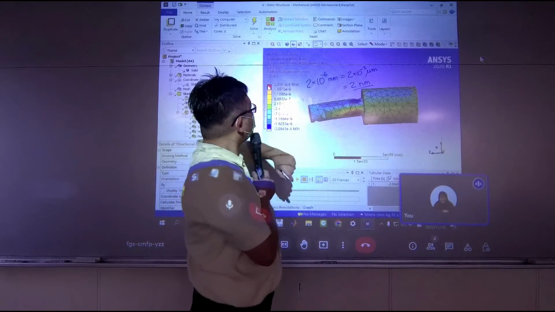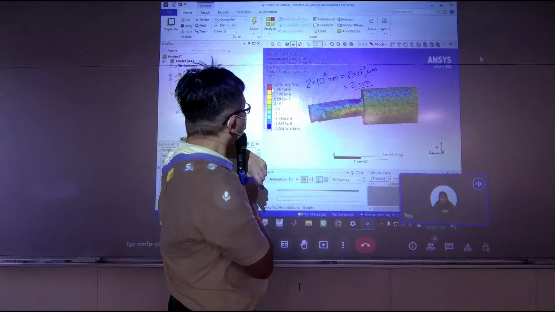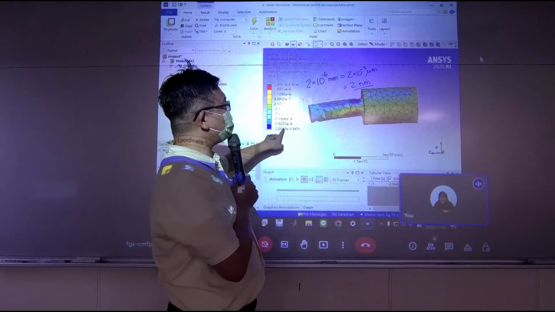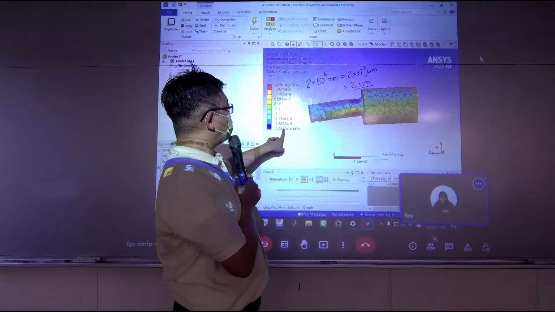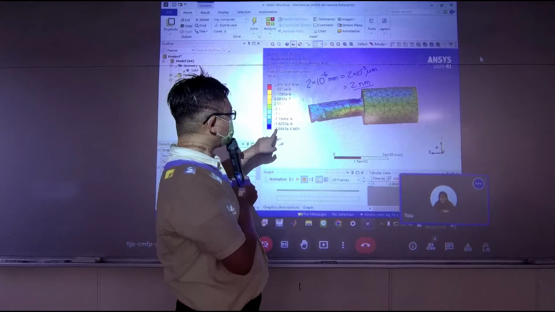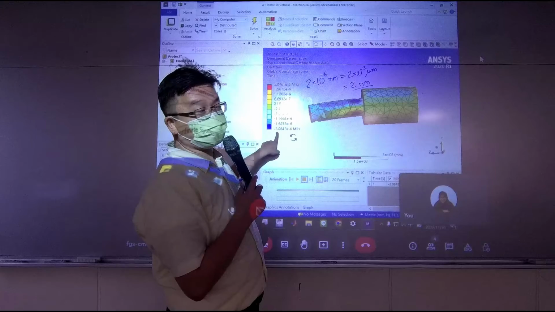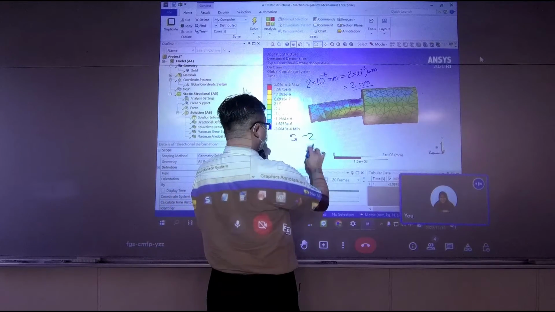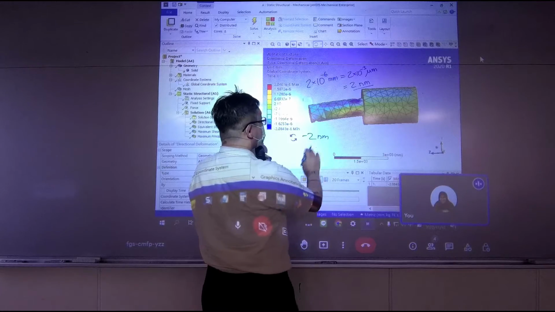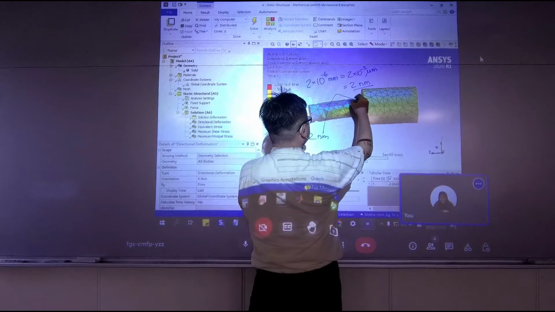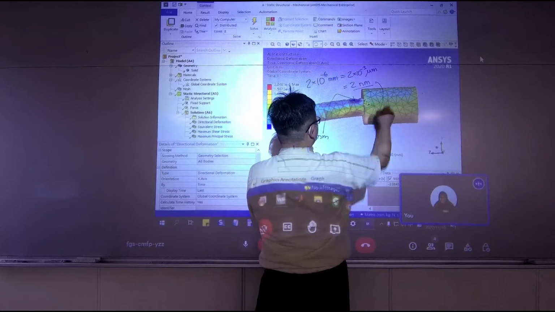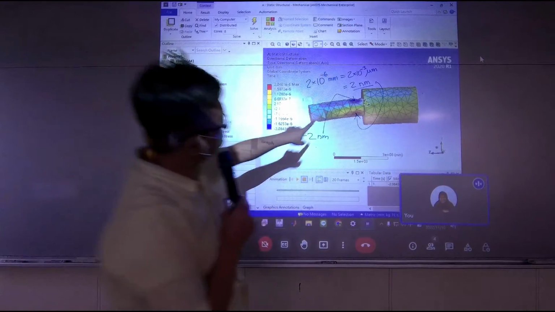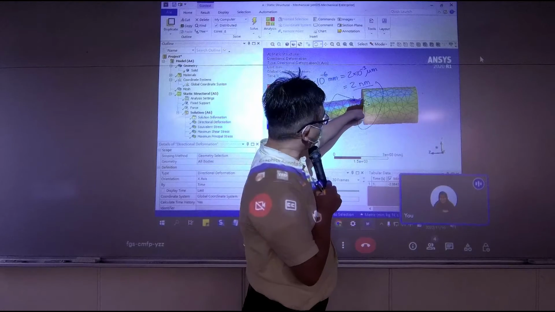So very small. Is it nano? Yes, nano. Right. And what is the minimum? The minimum is negative 2. So negative 2 nanometer. And it's right here. And this one is right here. The largest one is right here, close to the edge.